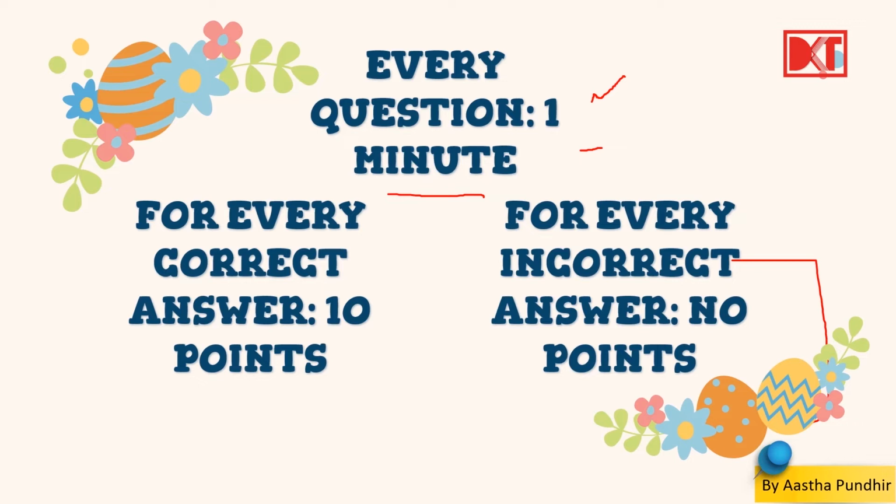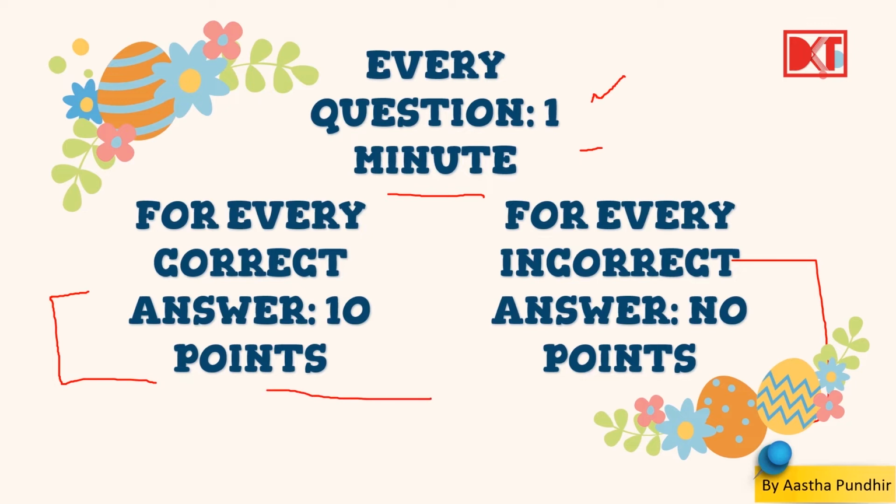Either you will get the marks for that question or you will get a 0. But if you don't attempt that question at all, then you are anyway getting a 0. So it is good to attempt those questions, and even if you don't know all the answers, try to understand and take a guess. Okay, so for every correct answer, 10 points.